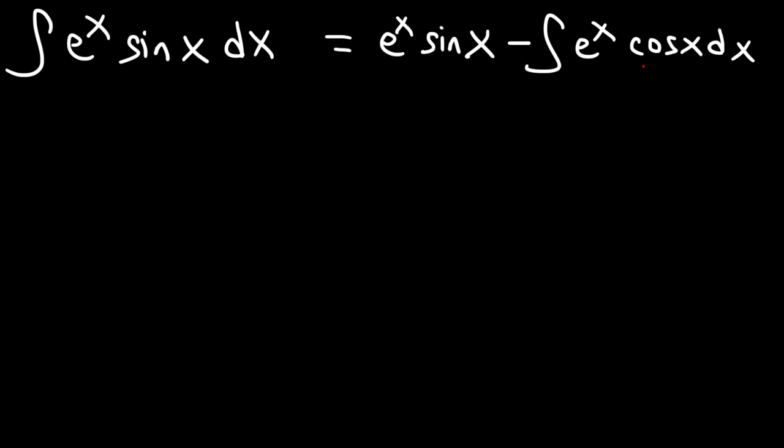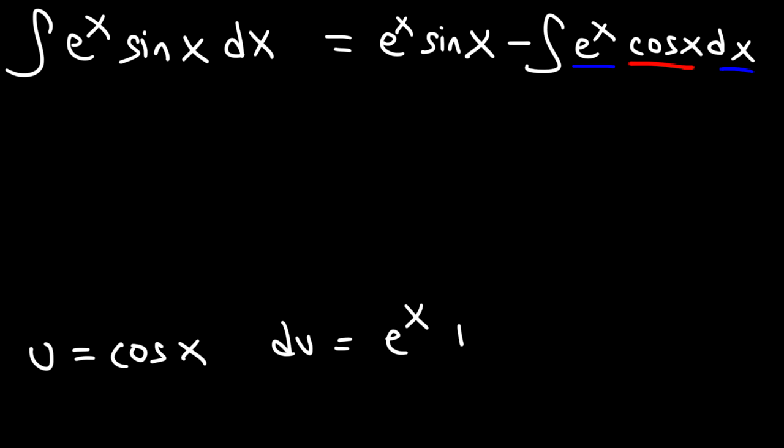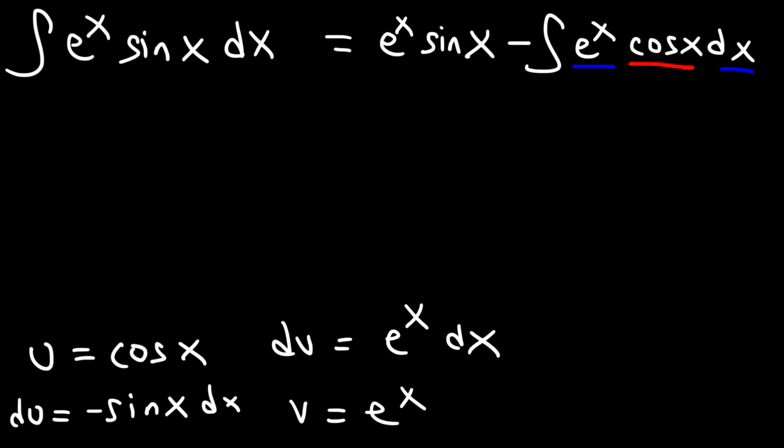So I'm going to make u equal to cosine, and dv is going to be e to the x dx. So let's write that. So u is going to be cosine x, dv is e to the x dx. So v is e to the x, and du is going to be negative sine x dx.